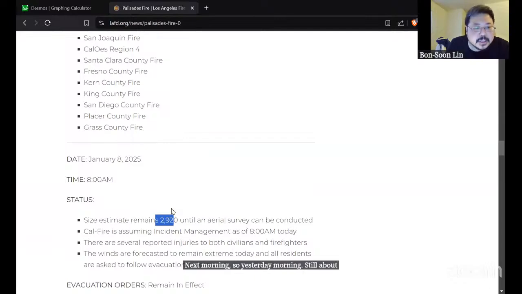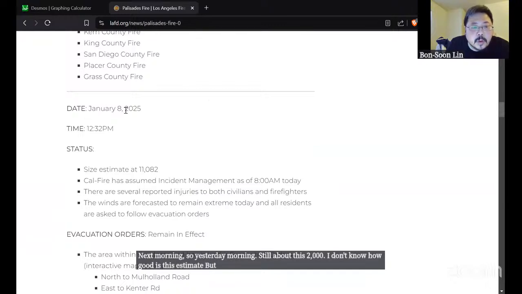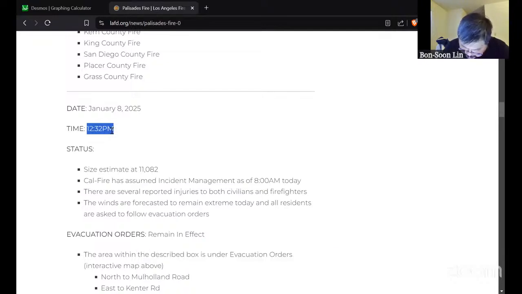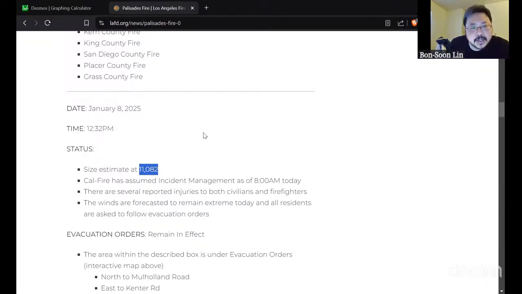I don't know how good this estimate is, but come forward one full day, 12 noon Wednesday. It is 10,000 acres. Isn't that crazy? The number blew up, right?